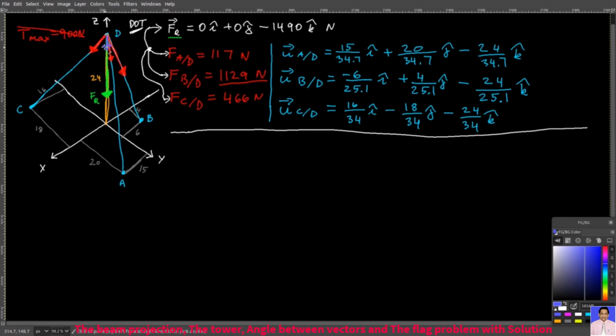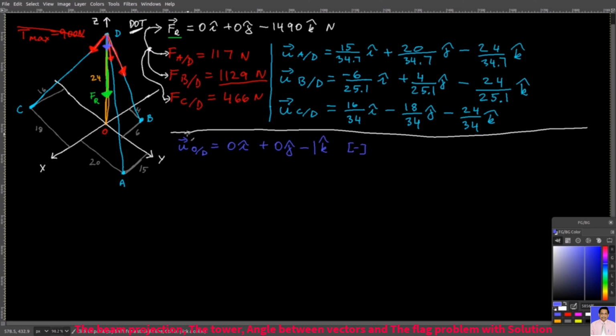For that, we need a general unit vector that goes from D along the tower down in the direction of O. In other words, this unit vector would be in the direction of O with respect to D. It equals 0i plus 0j minus 1k.